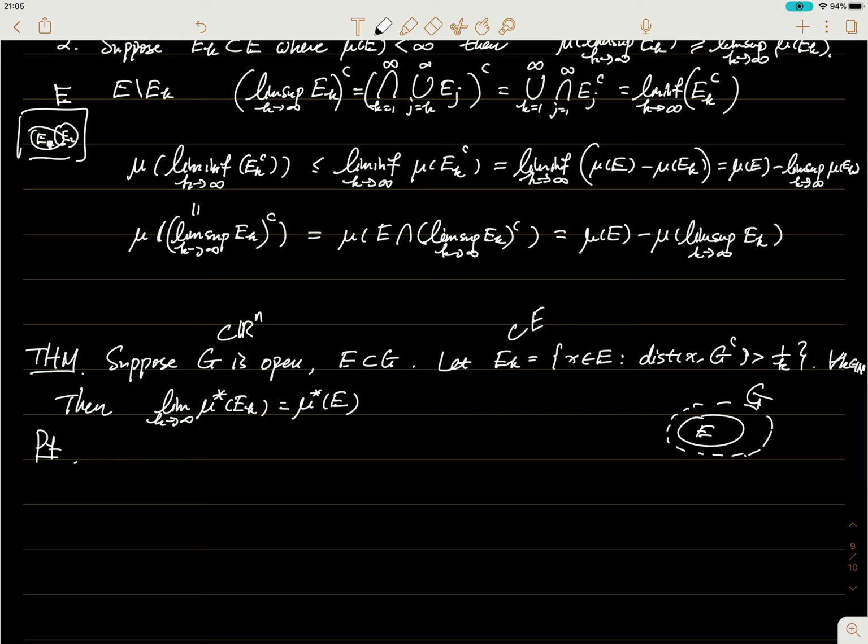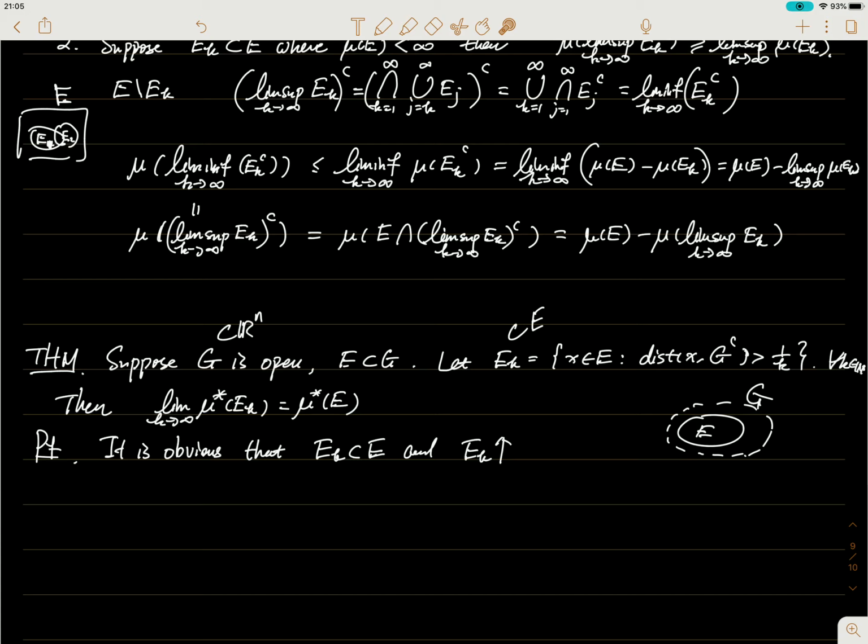And apparently the EK is increasing. The reason is, as you can see, if I increase the K, this number is actually getting smaller. And that means I can include more points which are closer to GC.